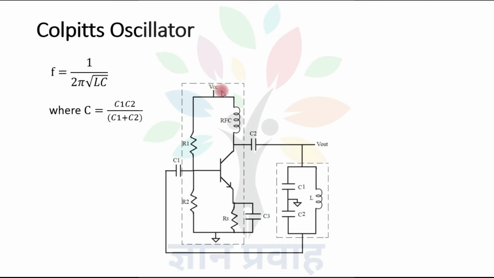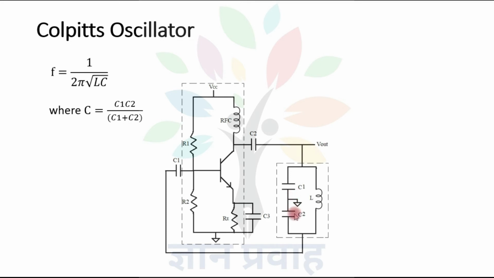So VCC is passed to C2 through RFC. So C2 will be charged through the RFC choke. When C2 is charged, it means C1 and C2 will be charged.